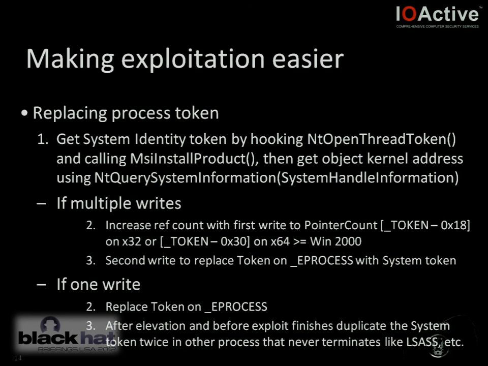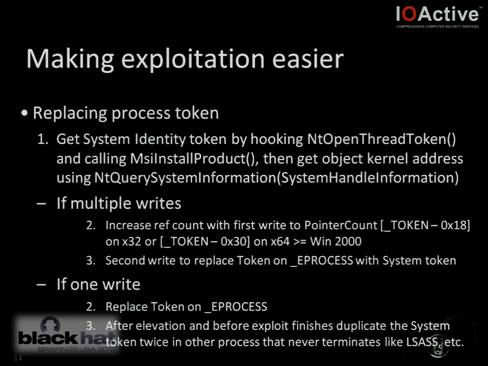So you make a copy of that token, so you get a system identity token available for your use. And by using NtQuerySystemInformation, you get the kernel address of that token. So now you have the information needed that will allow you to replace the current token of your exploit.